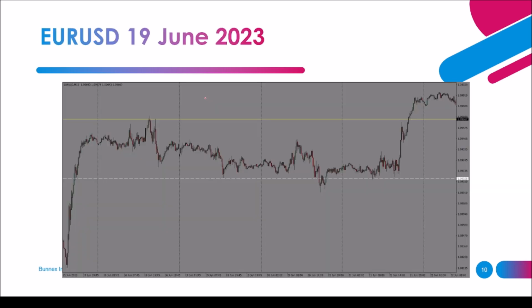First example, on Euro against USD, 19th of June 2023, we can see that we had a rally. This was the rally. Then after that rally, we had a day of consolidation, opening price and then the closing price are almost at the same point, right? Therefore, we would expect to see the market come and take or retest yesterday's low, which occurred.